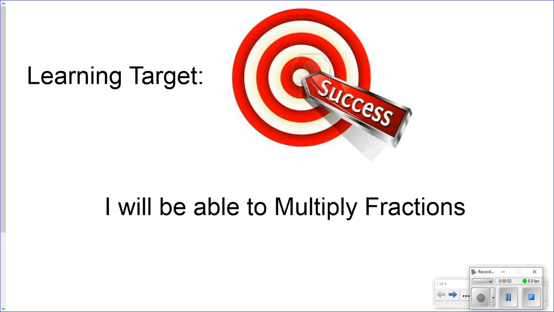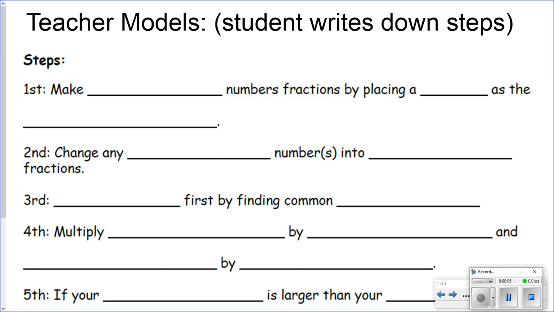Our learning target today: I will be able to multiply fractions. We have some steps in order to prepare for multiplying fractions. First, we're going to make any whole number a fraction by placing a 1 as the denominator.